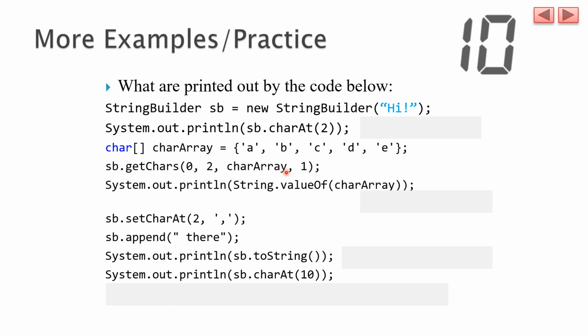For this practice, you're supposed to tell me what is printed out by this given code, which starts with creating a StringBuilder object named sb from the string "Hi". And now I also give you 10 seconds to figure out your answers and then come back to see the correct answers here. So let me start the timer.